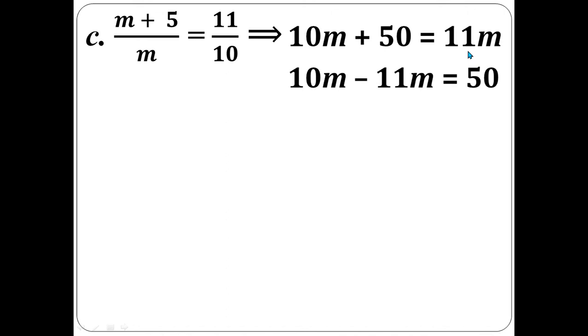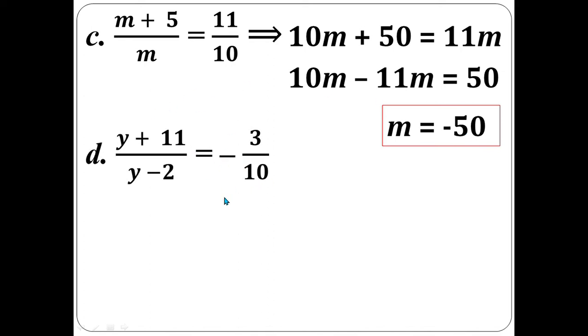So, combine similar terms and simplify. 10m minus 11m equals 50. 10m minus 11m is negative m equals 50. So, para matanggal yung negative, we need to multiply both sides with negative 1. Negative 1 times negative m naging positive na, at yung positive 50 times negative 1 is naging negative 50.